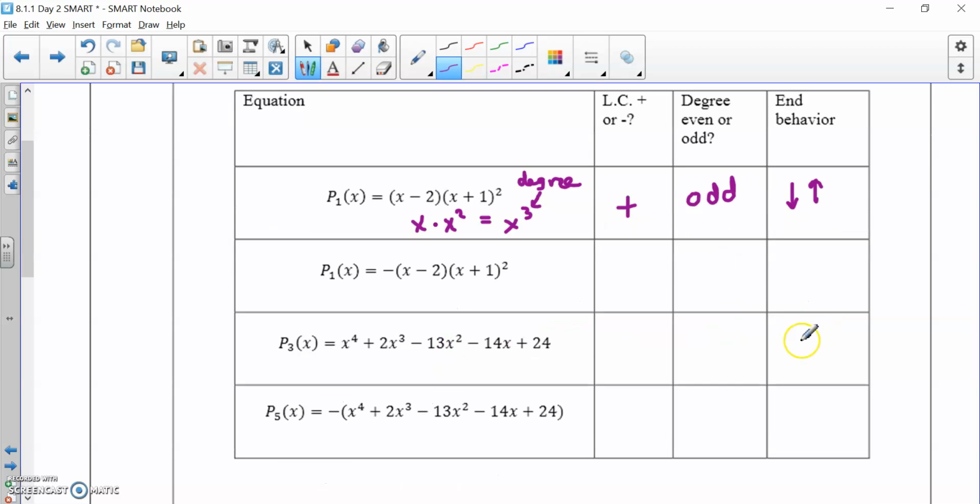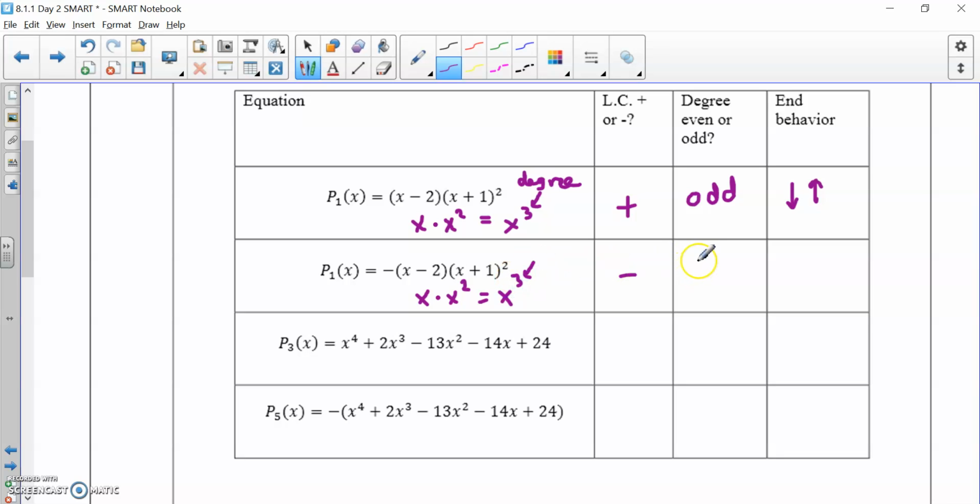All right, let's try another one. This time our leading coefficient actually is going to be a negative number because it has a negative up in front of the parentheses. And the x's here, we have 1, 2, 3. There is an x squared just like the last one. So again, we have x times x squared gives us an x cubed, and this is our degree.